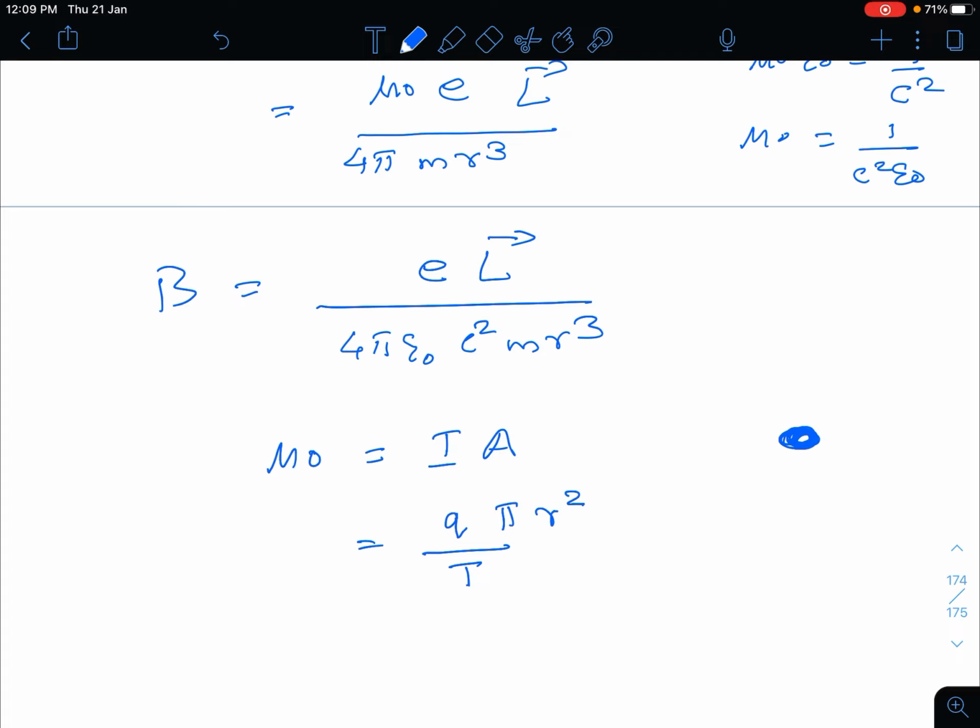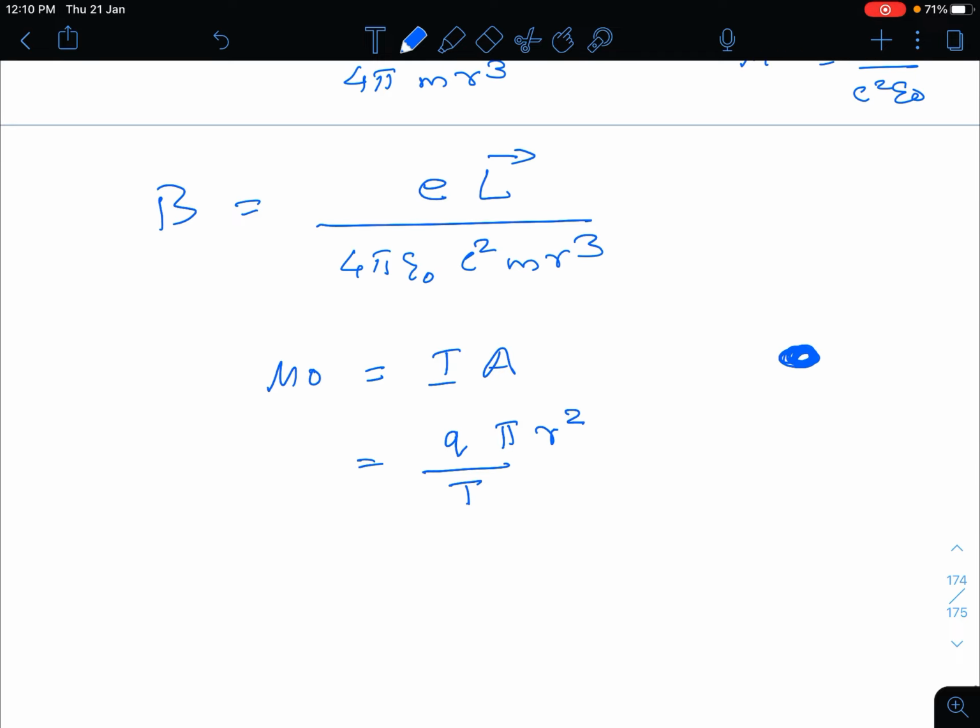Now I can write the spin angular momentum S simply as I omega, angular momentum.